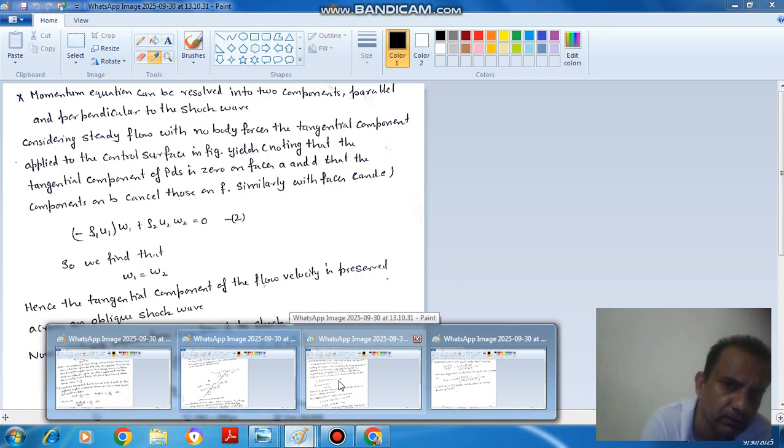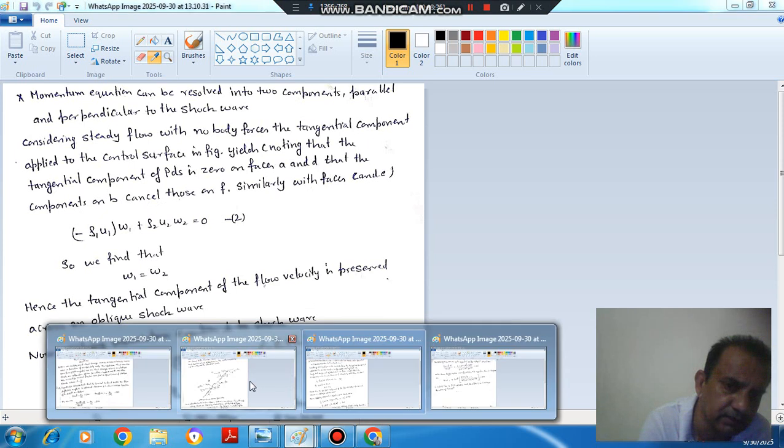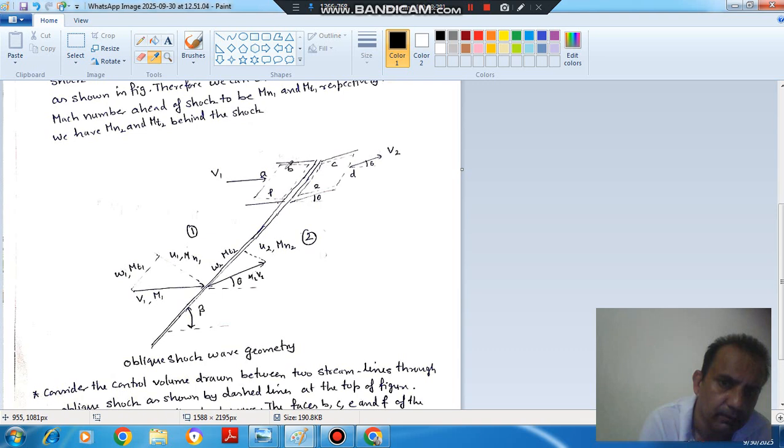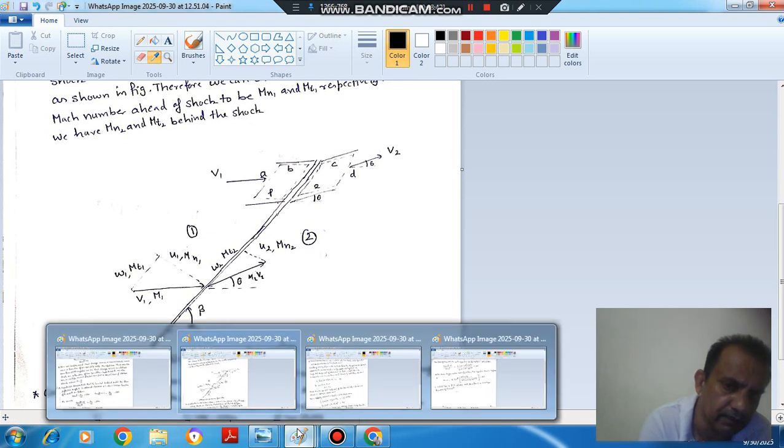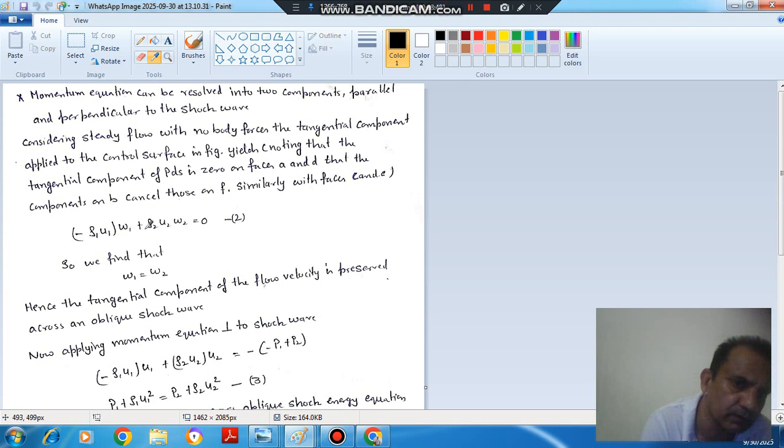Pressure is always perpendicular. The components of pressure cancel on those ends. If you consider this part, the pressure here and here are the same, so they cancel out. Similarly on faces C and E. So the tangential component will remain the same.